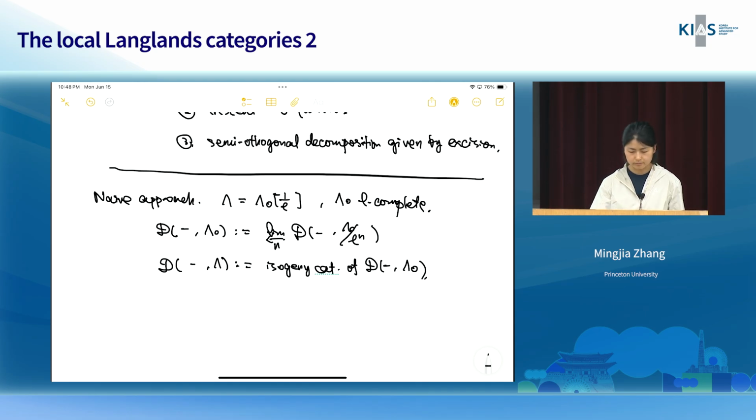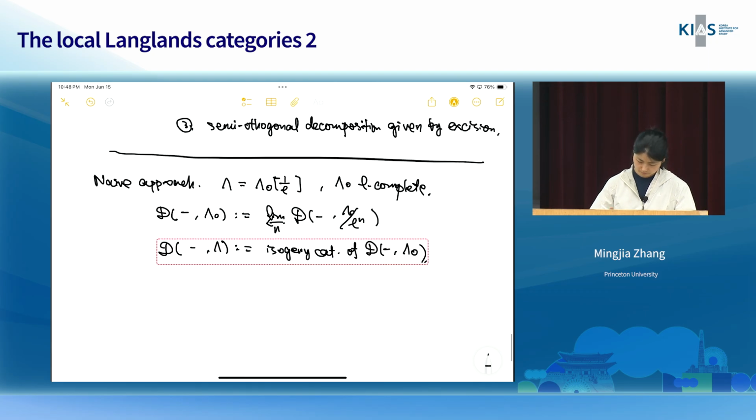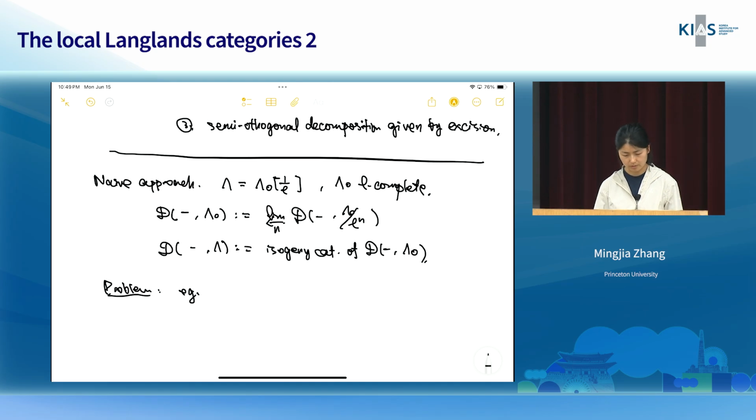But then there is a basic issue, which is that this passing to the isogeny category doesn't kill unbounded torsion. For schemes, if you pass to some subcategory with finiteness properties, let's say bounded constructible sheaves, then you can resolve this issue of unbounded torsion.